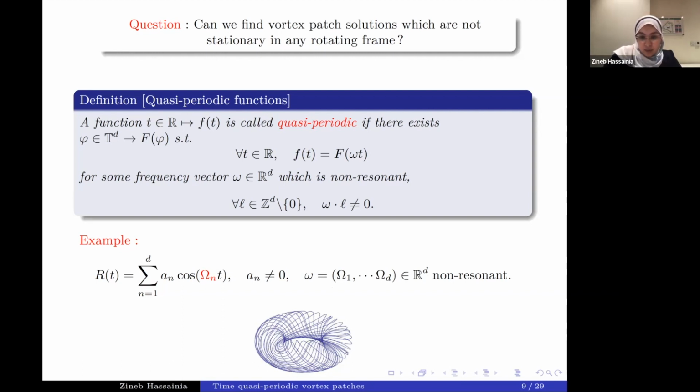From a dynamical point of view, the trajectories are densely contained in a d-dimensional torus, and we say that the torus is invariant and supports the quasi-periodic motion with a frequency omega.